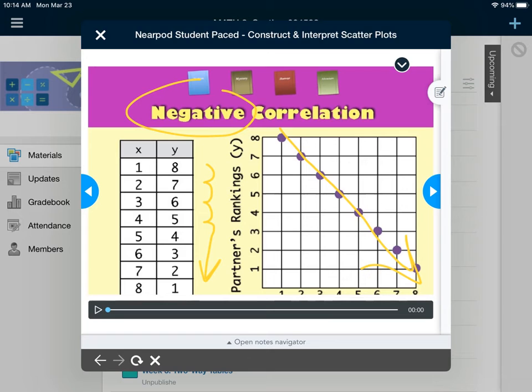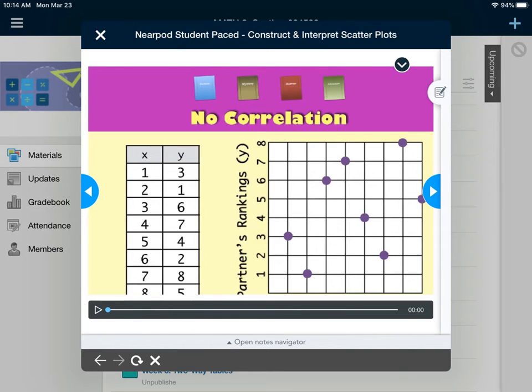So decreasing points are a negative correlation. And then if it appears that they're just all over the place, there's no positive or negative, we call that no correlation. You might encounter the word association. So it's either correlation or association. And this is a visual of what this looks like. So it's positive, negative, or no correlation.